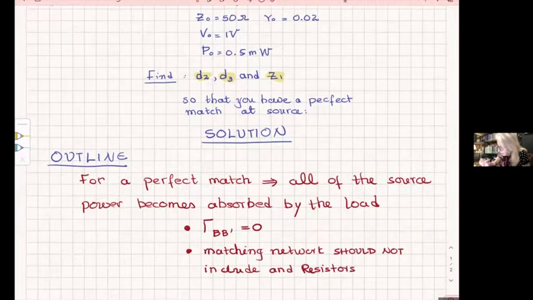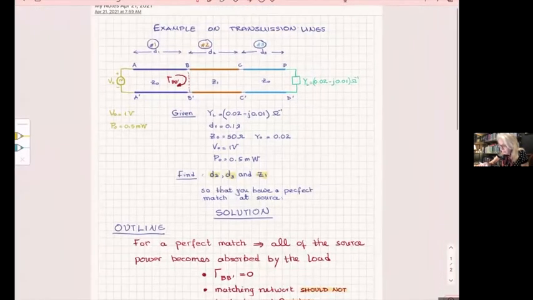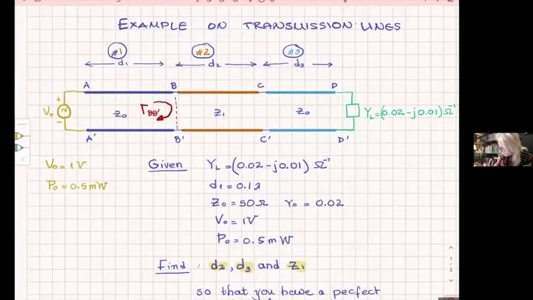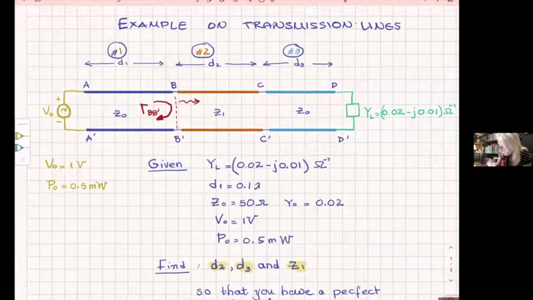So this is important to remember, because if your matching network includes resistors, that implies that whatever power goes into this line, part of it is going to be dissipated in whatever I add, if it's a resistive component, and then only part of it is going to go to the load.